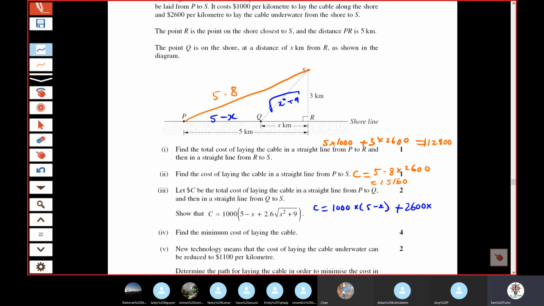How did you find Pythagoras? X squared plus 3 squared, and then square root. And then obviously they took out 1,000. I'm just going to do it like that because I think you guys get it. You just take out 1,000, factorize 1,000, and then write the answer, literally.